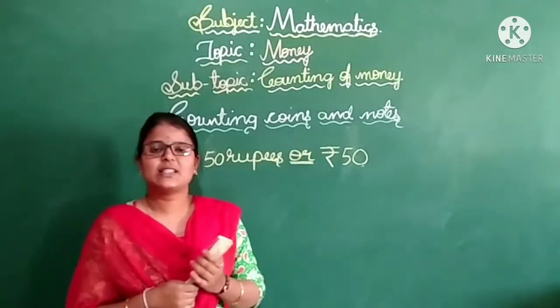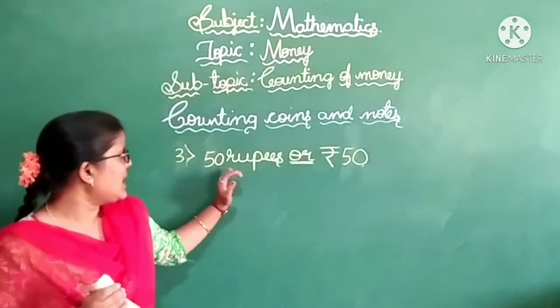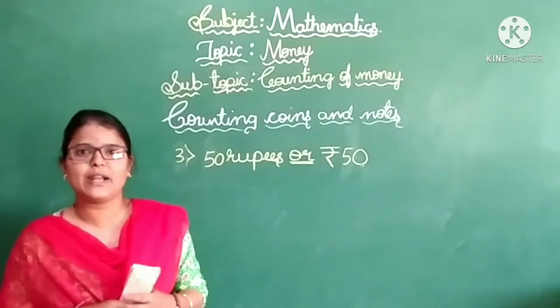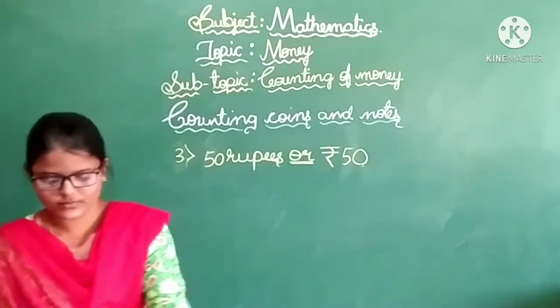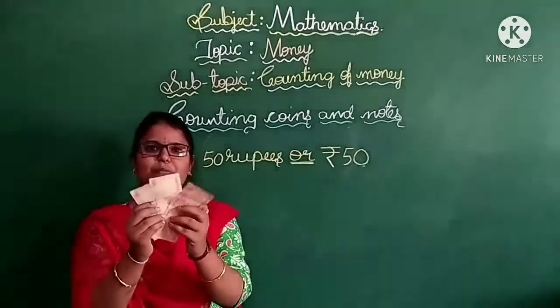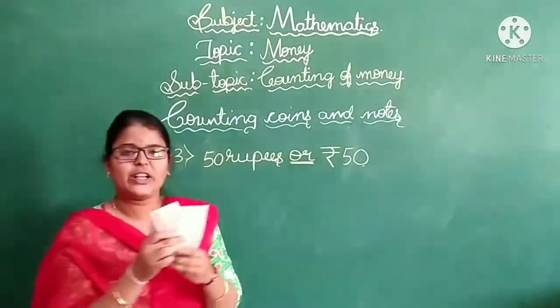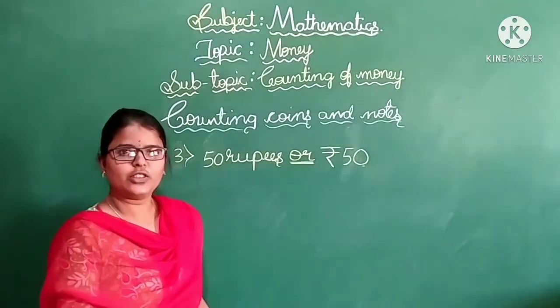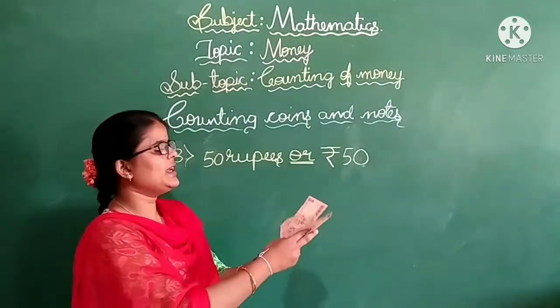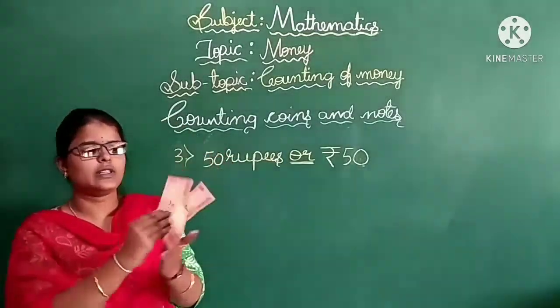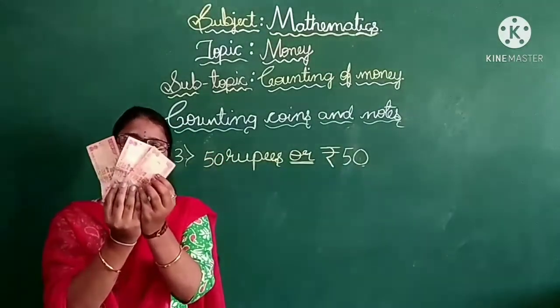Okay. Next, by using the 20 rupees, how can this 50 be made? See here. See, these are 20 rupee notes, right? Yes. See, take two 20 rupee notes along with this one 10 rupee note.